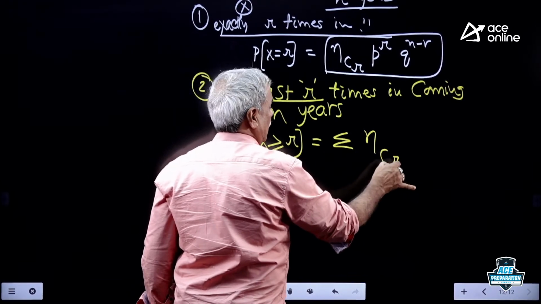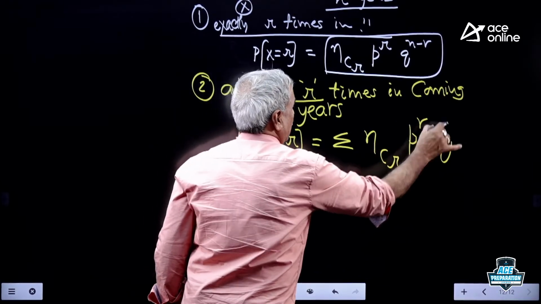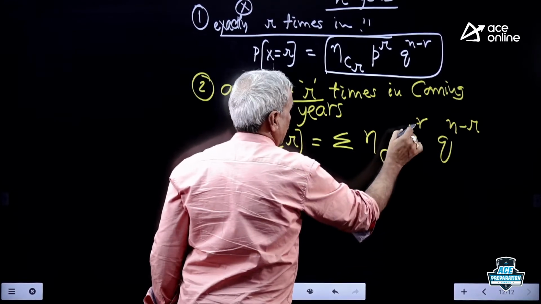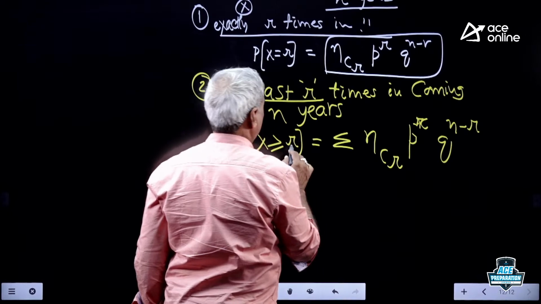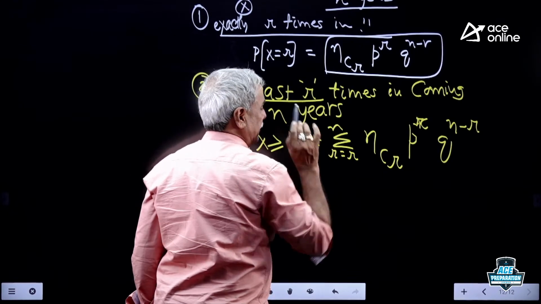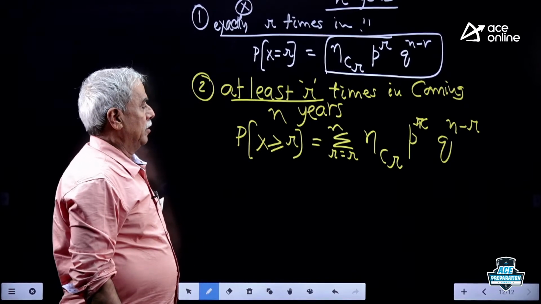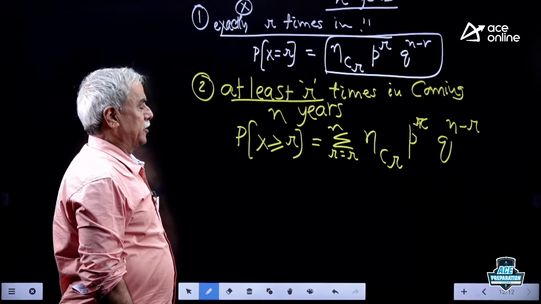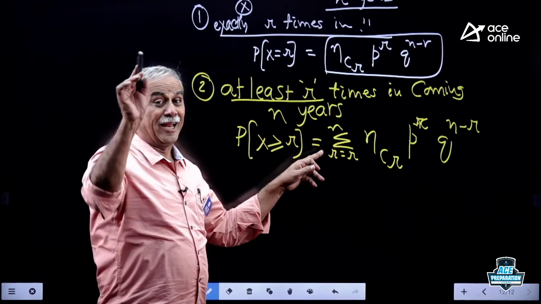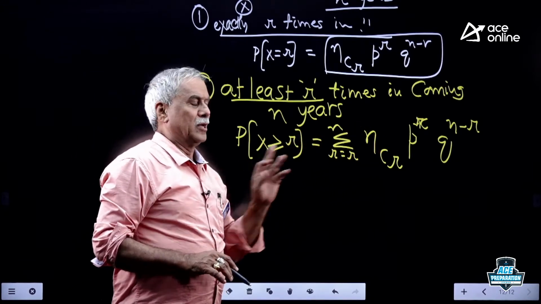It is the summation of nCr, P power r, Q power n minus r, where r value starts from R to n.